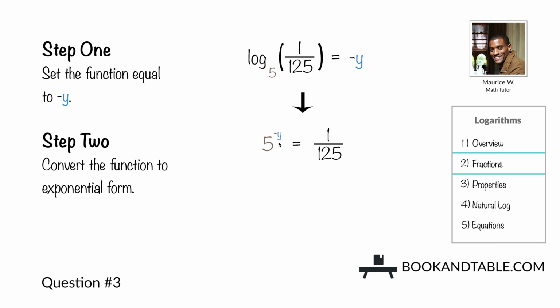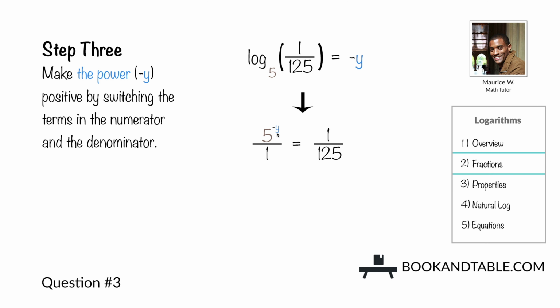And 5 to a power of negative y is equal to 5 to a power of negative y over 1. Now we want to make this power positive by switching the terms in the numerator and the denominator, which would result in 1 over 5 to a power of y.